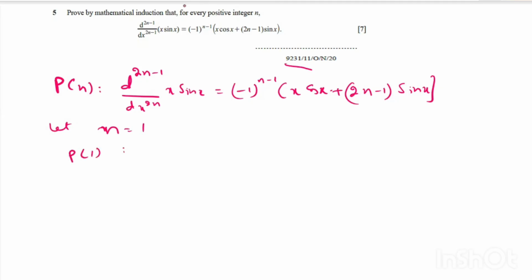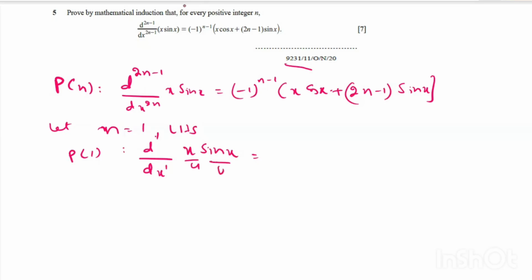P of 1: d^(2n-1), 2 times 1 minus 1, it will be 1, dx, it will be also 1, of x sine x. Here we take its left hand side. This is your first function and this is your second function.